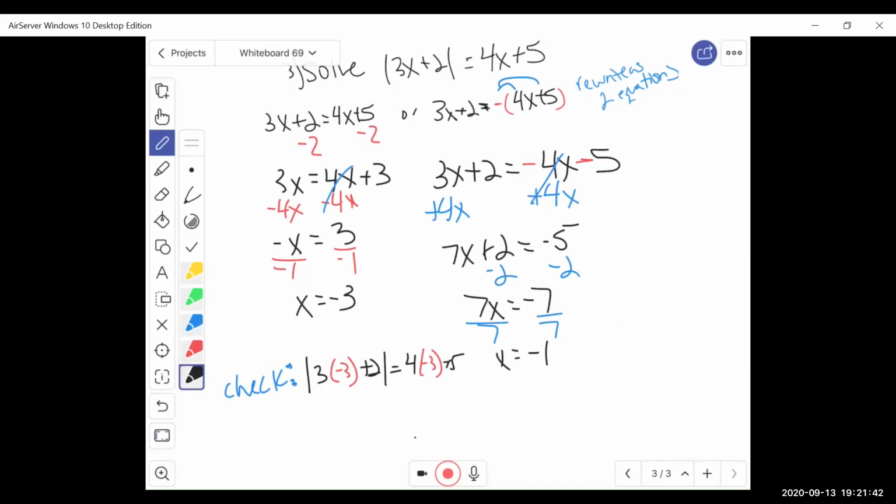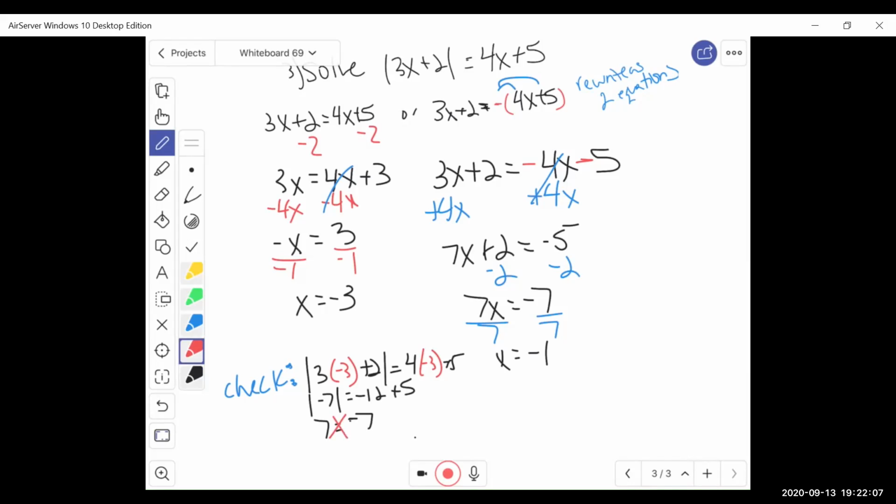Well, 3 times negative 3 is negative 9. Negative 9 plus 2 is negative 7. 4 times negative 3 is negative 12, plus 5 is negative 7. The absolute value of negative 7 is positive 7. Uh-oh, does positive 7 equal negative 7? No, it does not.